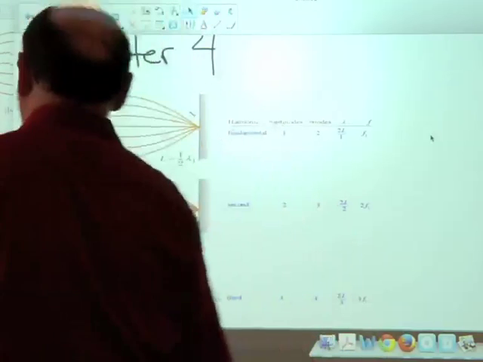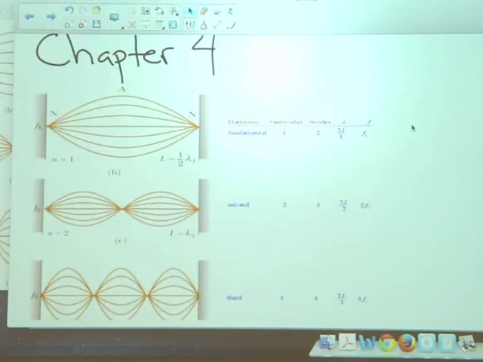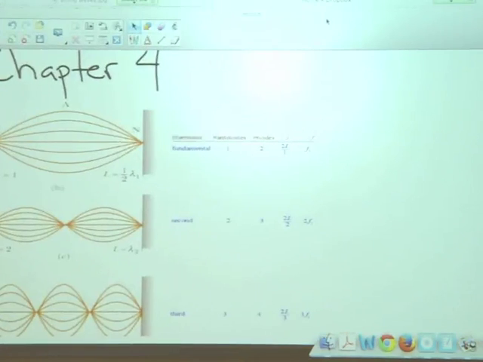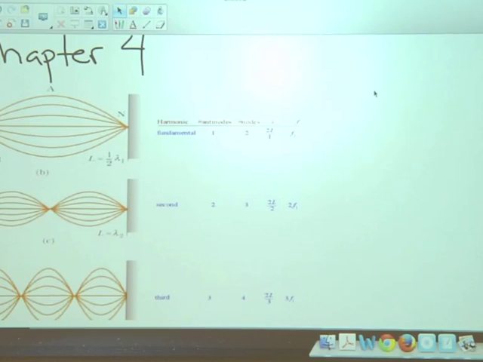So, the other chapter for today is chapter 4. So we have here in terms of waves on a string, you can talk in terms of the first harmonic, second, third, fourth, and so on.